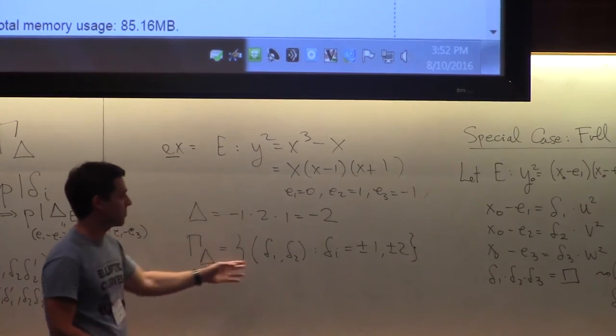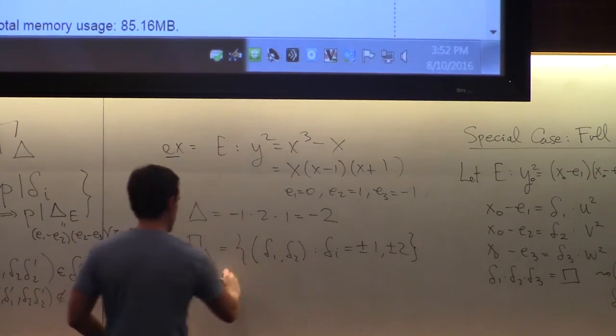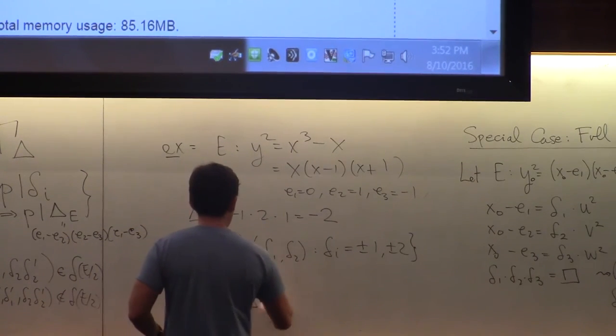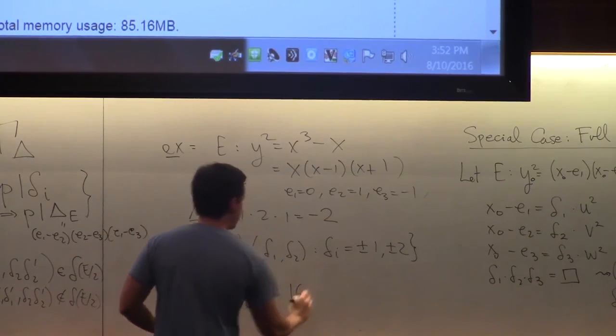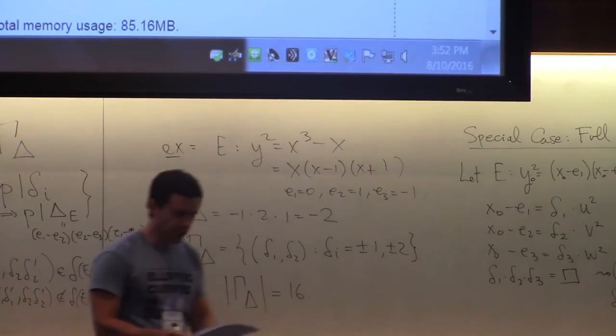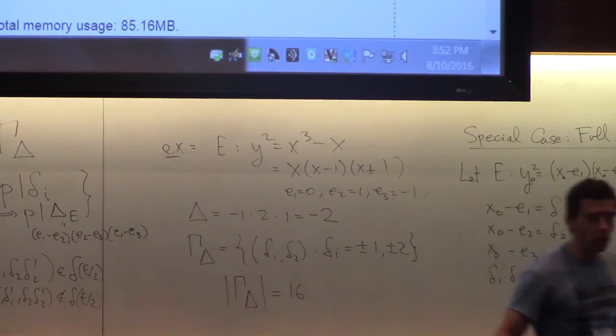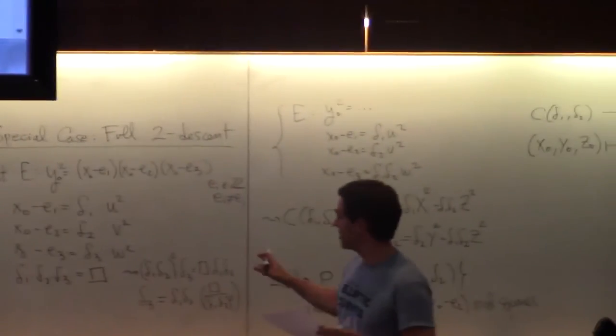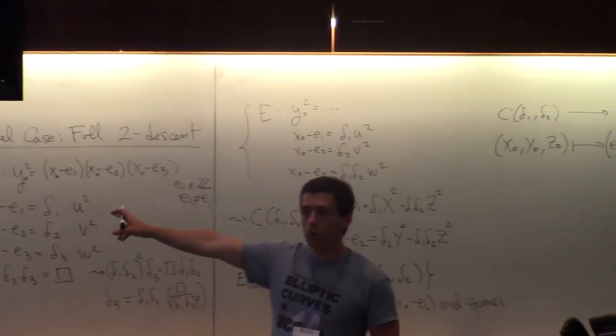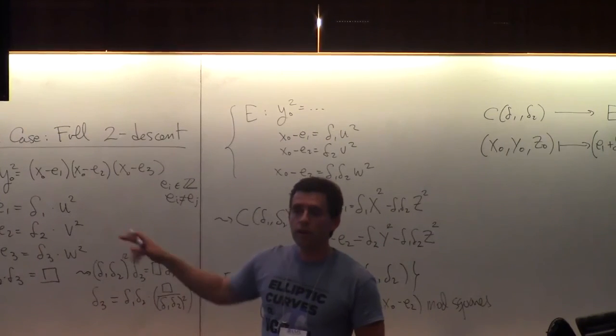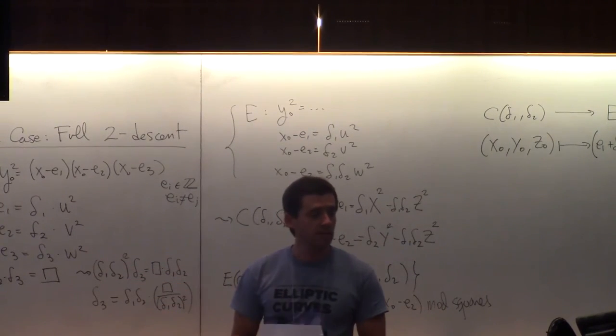So there are 4 times 4, so 16 possibilities. This thing has 16 elements. And what we're going to do next time is check all of the possible spaces, because if there are rational points on the elliptic curve, they are in one of those 16 spaces.